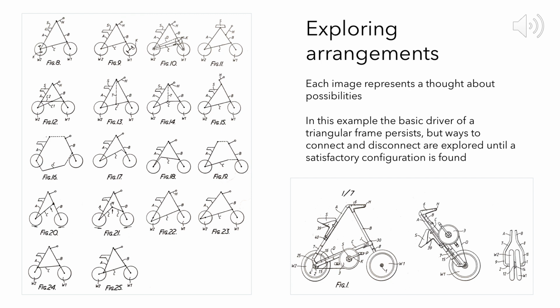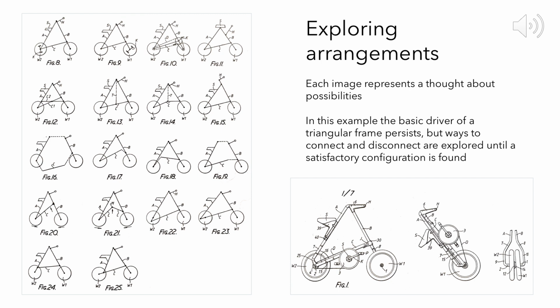And I hope that that gives you some hope that when you're asked to explore configurations in the TMA, it really doesn't have to be complicated. Each one of those has got something that makes it a unique idea, that makes it different from the idea next to it or above it.